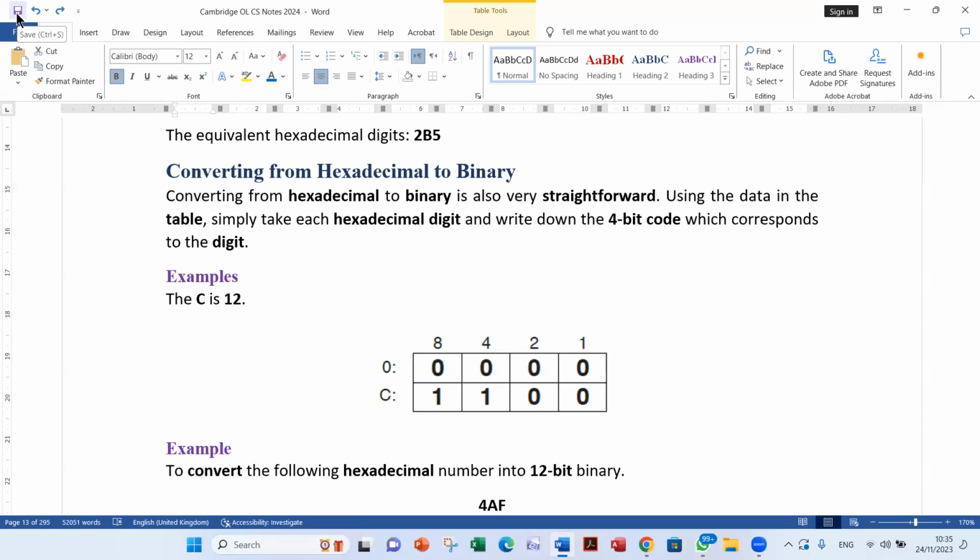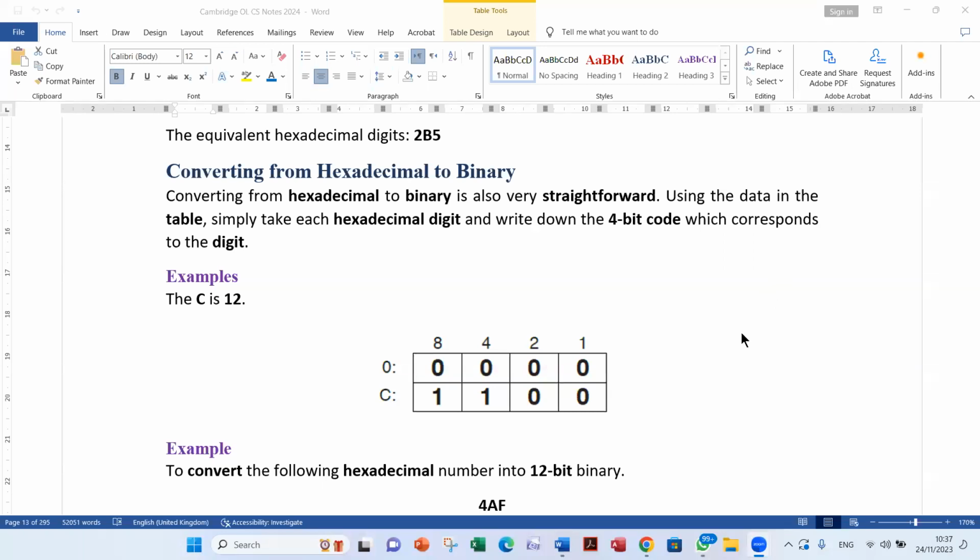Convert the following hexadecimal number into 12 bits binary: 4AF. The 4 is 4 bits, the A 4 bits, and the F 4 bits. Please fill the pattern and check with me. You are expected to do that orally.